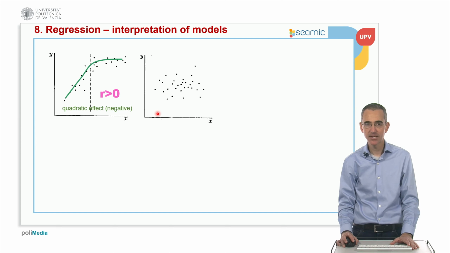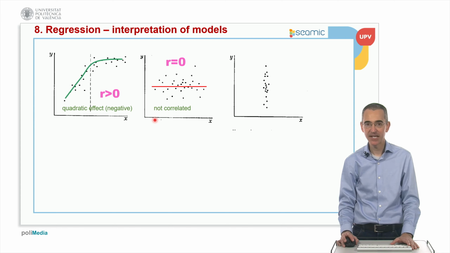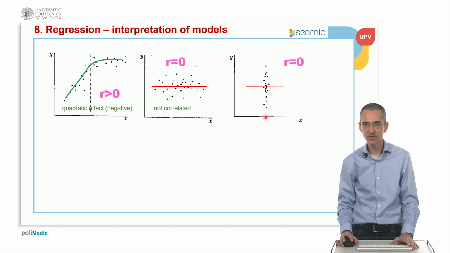In this case, if we fit a straight line, the line will be horizontal, so the correlation coefficient would be 0, not correlated. This is also a special case, because we can think that we can fit a vertical line that fits pretty well, but actually this interpretation is wrong. Actually, there's no correlation. The correlation coefficient is 0. Why?